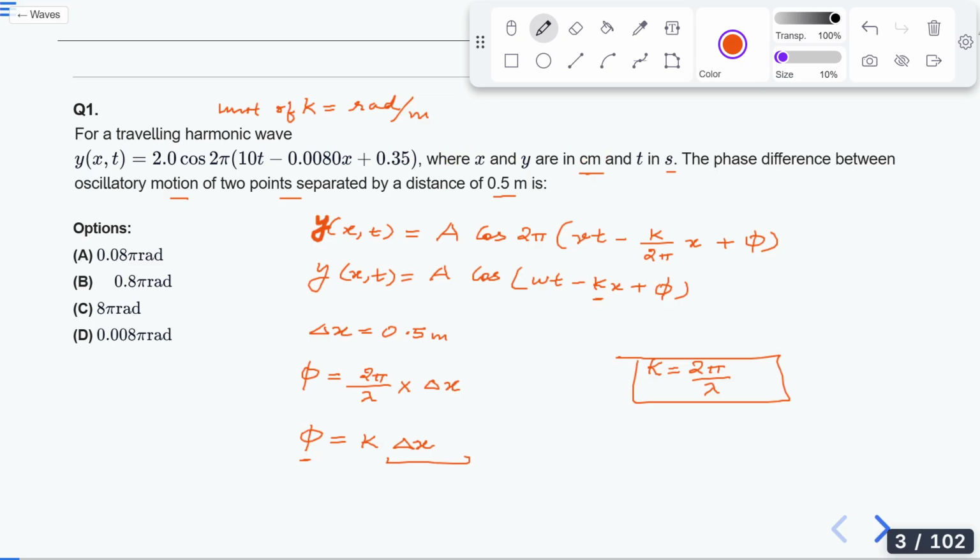But in this equation, distances are given in centimeters. So in this equation, the unit of k is radian per centimeter.